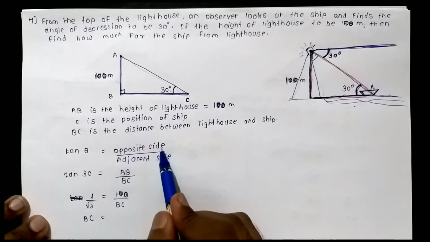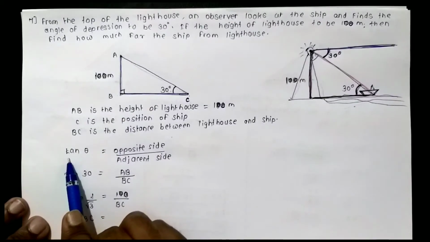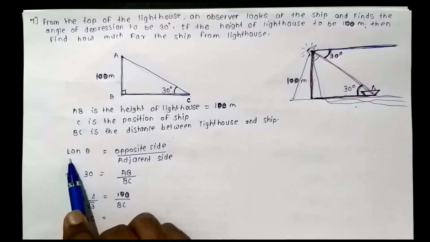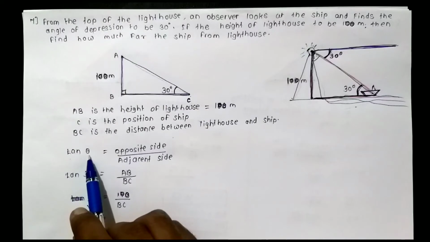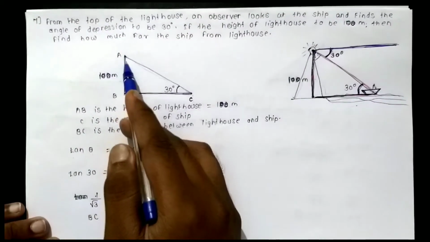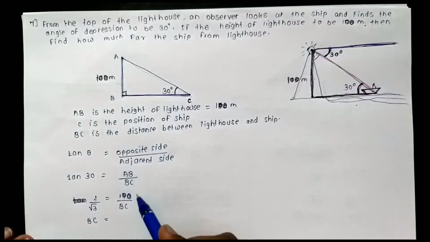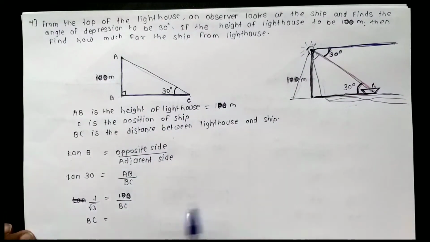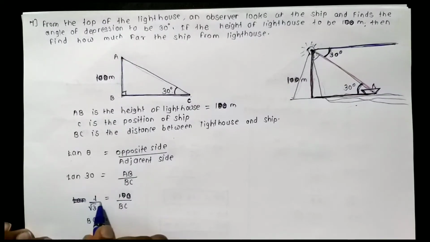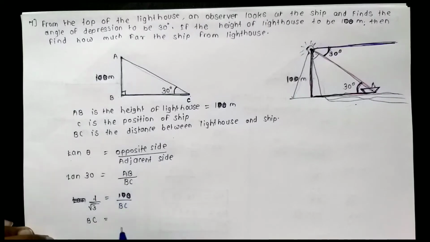So I write opposite side upon adjacent side, the ratio becomes tan theta. So tan 30 is equal to opposite side AB upon adjacent side BC. Value of tan 30 is 1 upon root 3 and AB is 100, whole divided by BC.